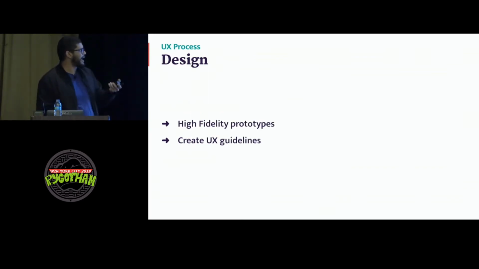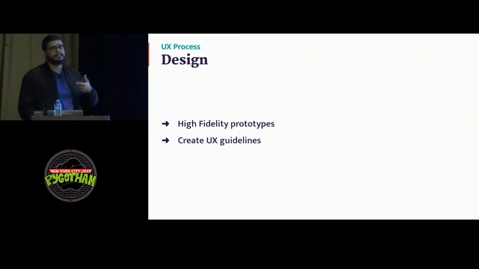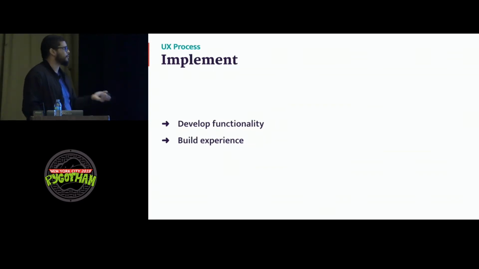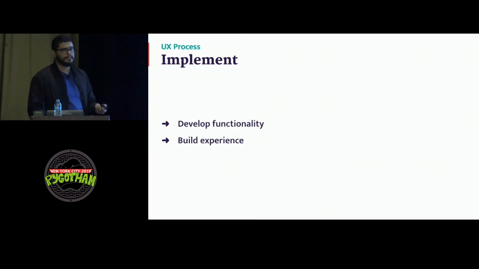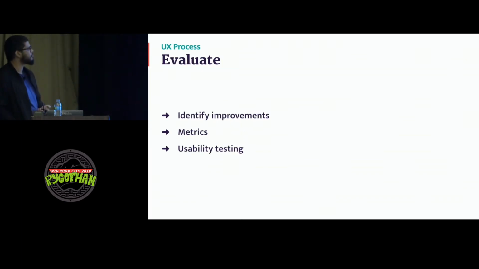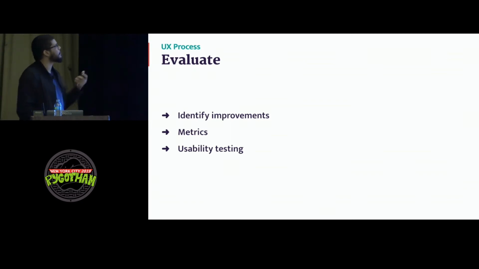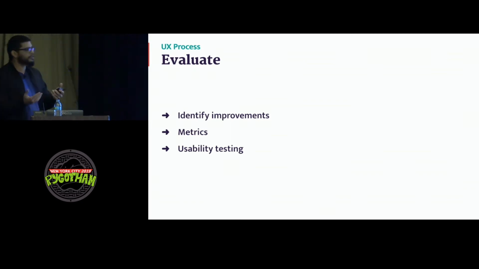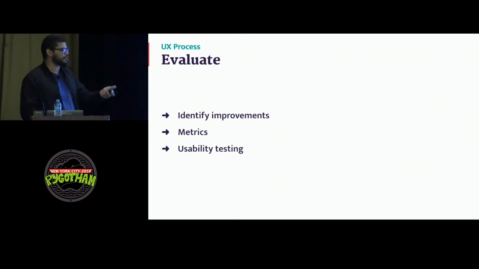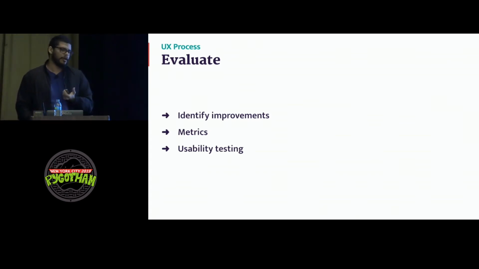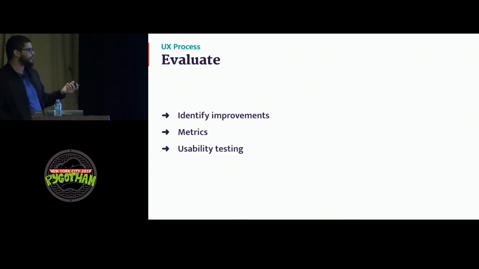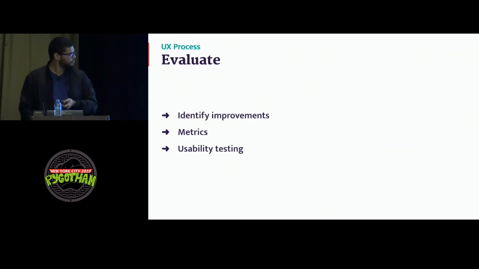After that, we go to the actual design. So the designers can start creating high-fidelity prototypes and create the UX guidelines. Then we implement that. So we start developing functionalities and build the experience. After that, we evaluate. So when we build the experience, we put it in front of the users. And we start identifying improvements on our interface with metrics and usability testing.